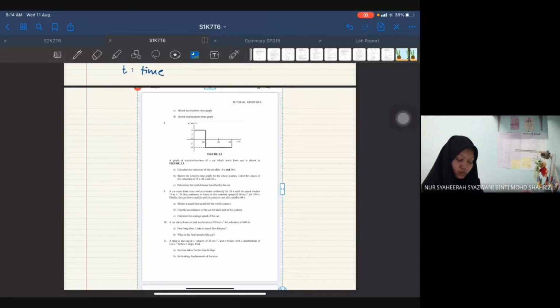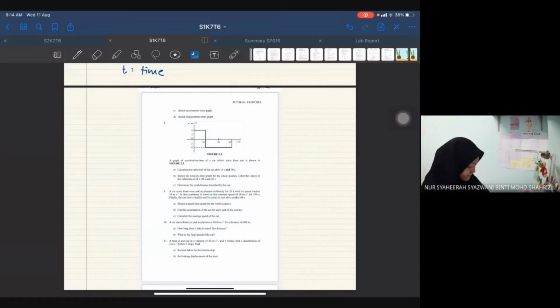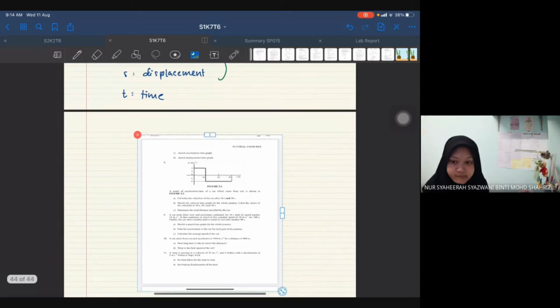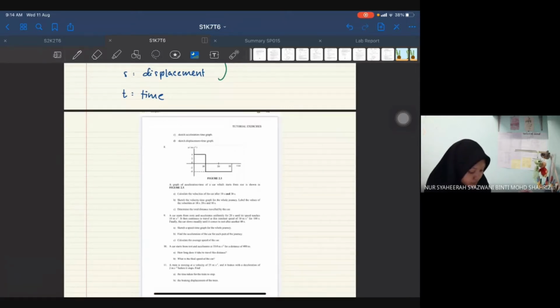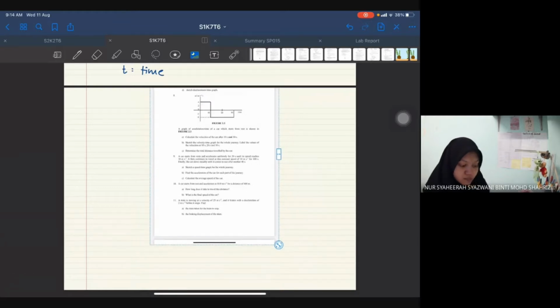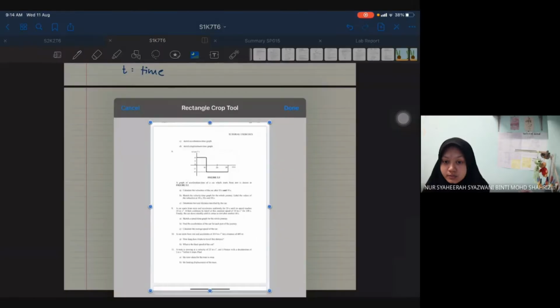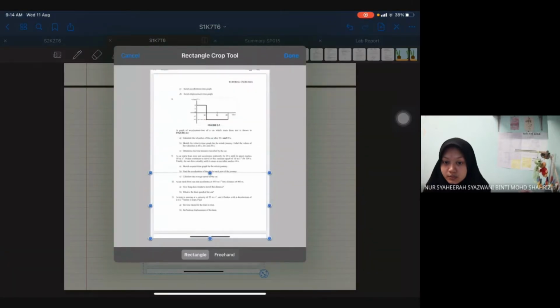So kalau kamu ada buku tutorial tu sebelah tu, boleh tengok question 10.